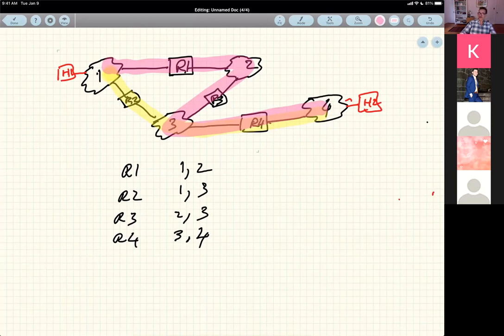In order for these routers to know what paths are available, the routers exchange information with each other. So when router 1 wants to tell his neighbors, the neighbors for router 1 are routers 2 and 3, because router 1 connects to router 2 through network 1, and router 1 connects to router 3 through network 2.